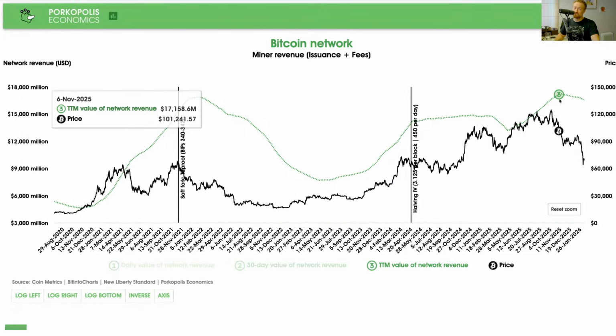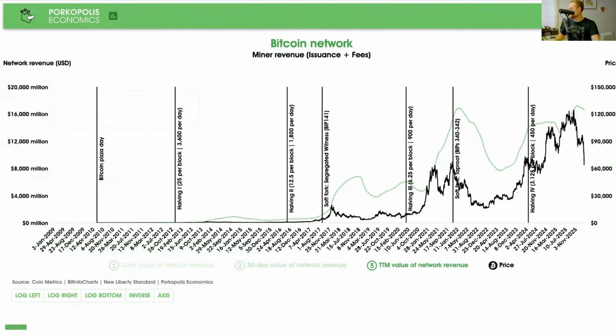Gold and silver revenue is huge, $400 billion a year for gold right now. Bitcoin's only at the same level it was in the 2021 boom. It's kind of weird. So this is, to me, the most perplexing when it comes to the validity of the 4-year cycle, if that makes sense.